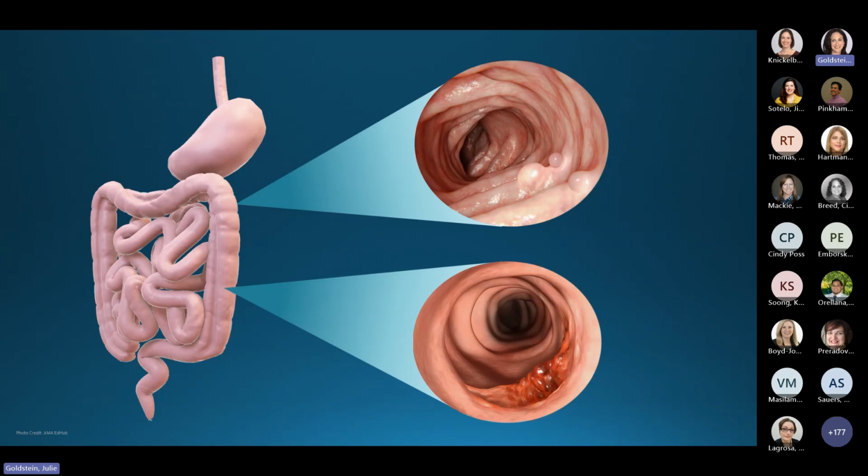And it can also be used to look for other problems in the colon, such as Crohn's disease, colitis, diverticulitis. These are all things that can be seen on colonoscopy. And that's considered to be a diagnostic test, because if they see a mass in the colon, they can take a biopsy of it, and then you would get a result of whether or not it's cancer.